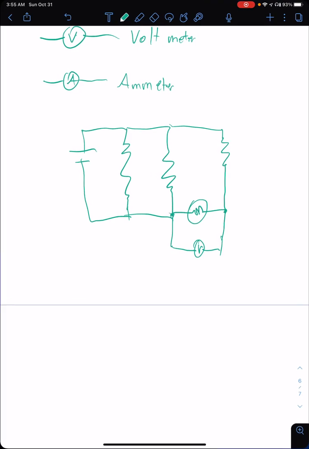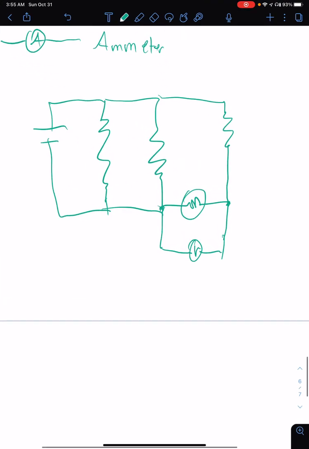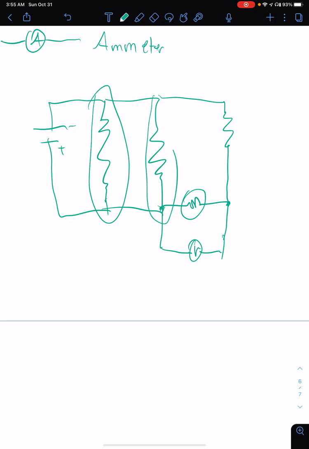Let's break it up into what's in parallel and what's in series. That's chapter 26. I'll go into it more in depth, but just a quick overview. This section is in parallel with this section, which is in parallel with this section.